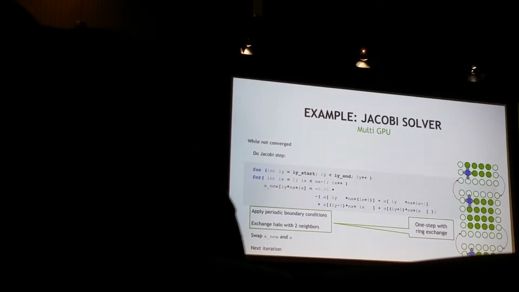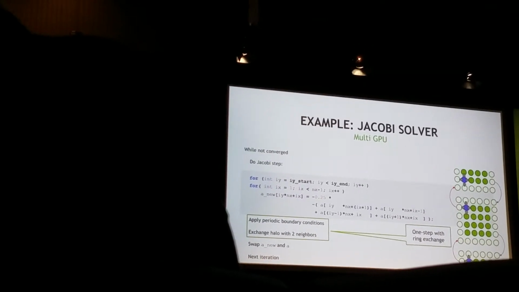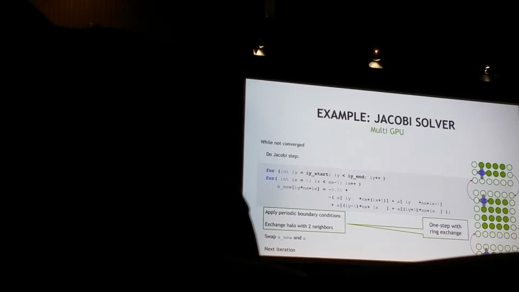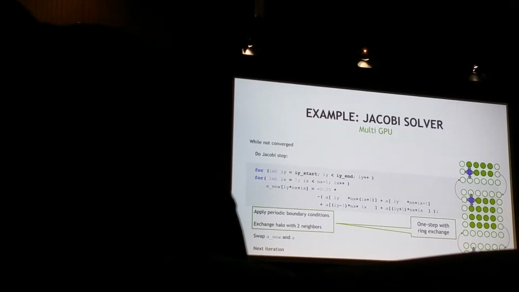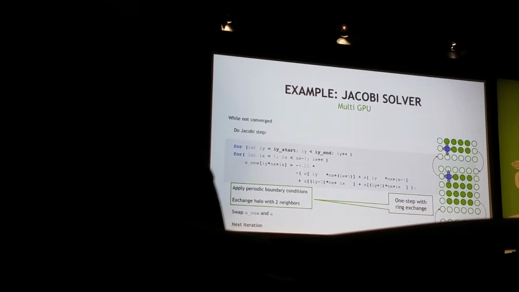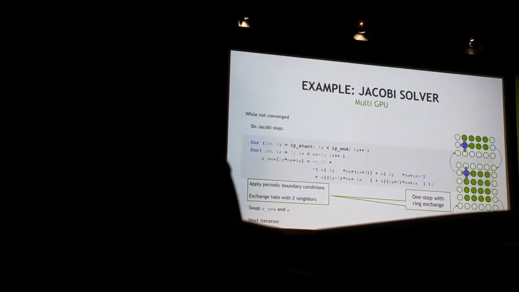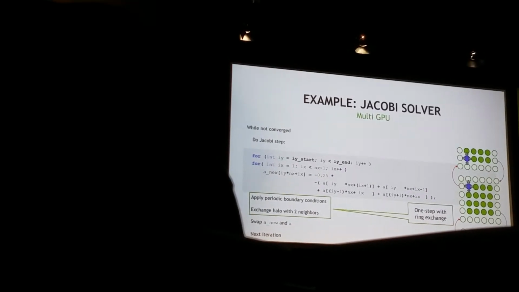The rest stays the same. After we did that, we swap A and A new, and then start the next iteration. It's all that simple because we are reading only from A and writing to A new, so we can execute all this in arbitrary order, massively parallel, so it works quite nicely.